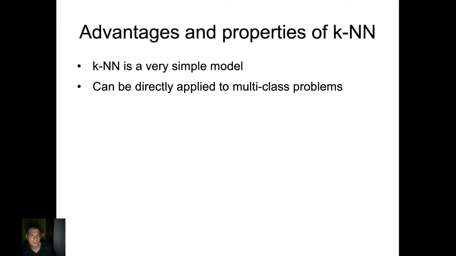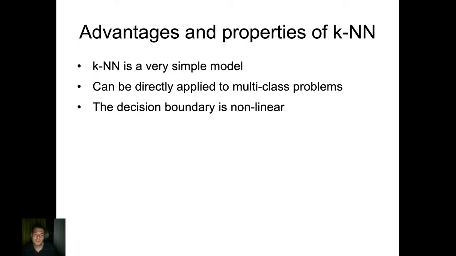So you will see there are some methods that are designed for binary classification problems, and you need to introduce some heuristic to be able to apply them to multi-class problems. Well, for KNN this works by default, so no adaptation for multi-class problems is required, it just works.